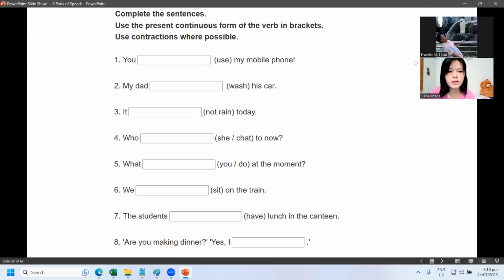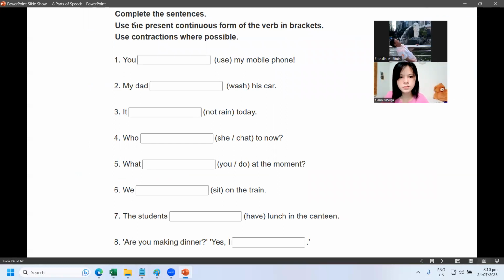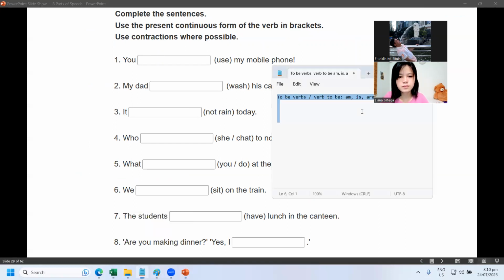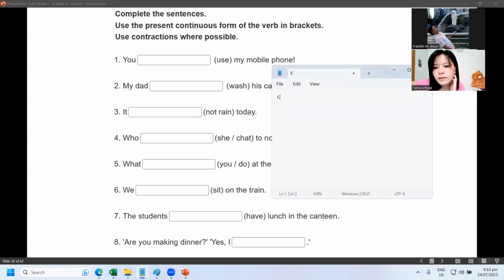Another one here. Complete the sentences. Use the present continuous form of the verb in brackets. Use contractions where possible. You might not understand what's a contraction. A contraction is short forms. Okay? Contractions meaning short forms.